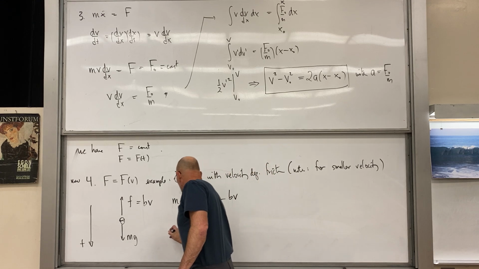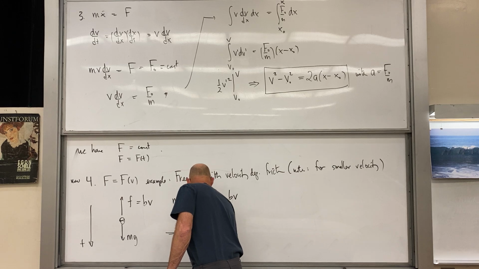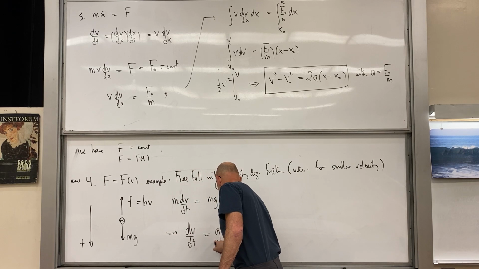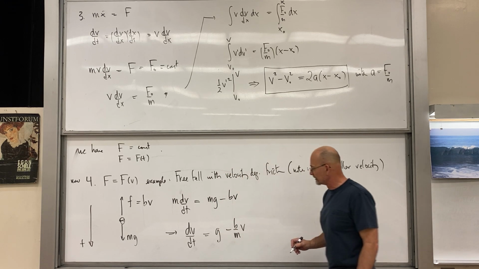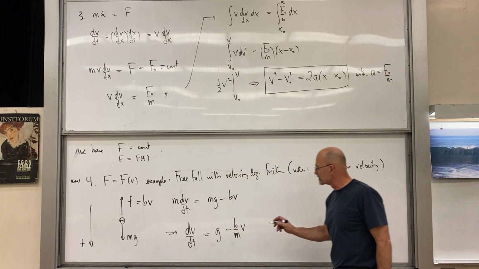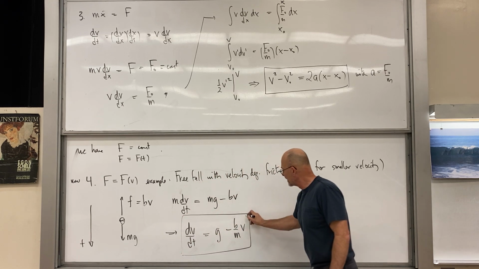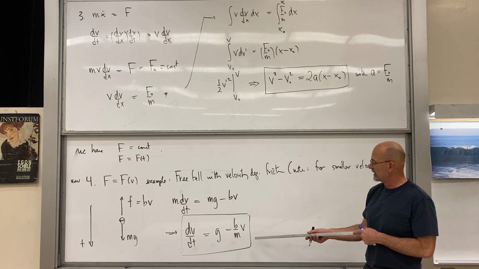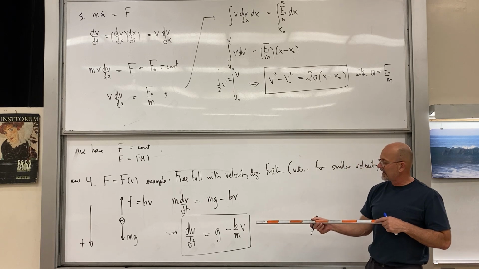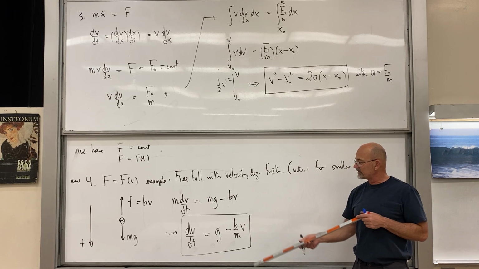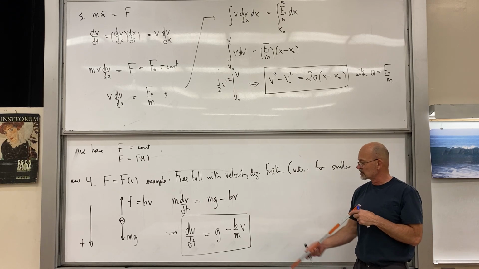And that can be turned into dv/dt is equal to g minus b/m times v. So there's a differential equation for free fall with friction, and we're looking at positive direction down. So here again, we can even say, what about the limit of b goes to 0? It should just be free fall with the positive direction down. We can just write that down right away.